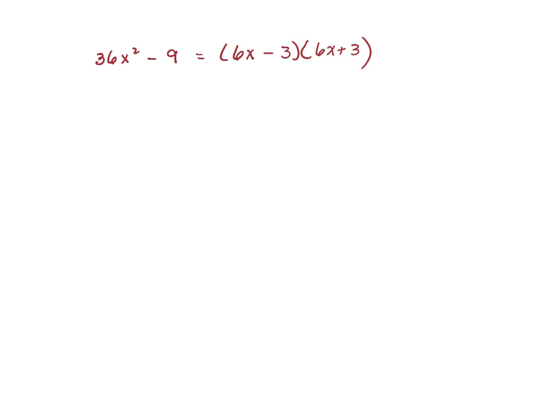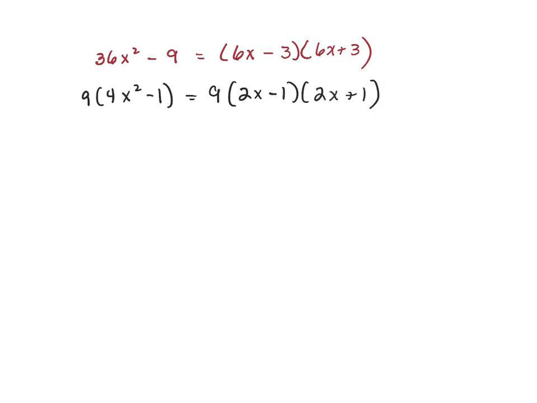I forgot my GCF first. Everybody's divisible by 9. I should have done 4x squared minus 1. And then square root of 4 is 2, so it's 2x minus 1, the square root of 1, and 2x plus 1.